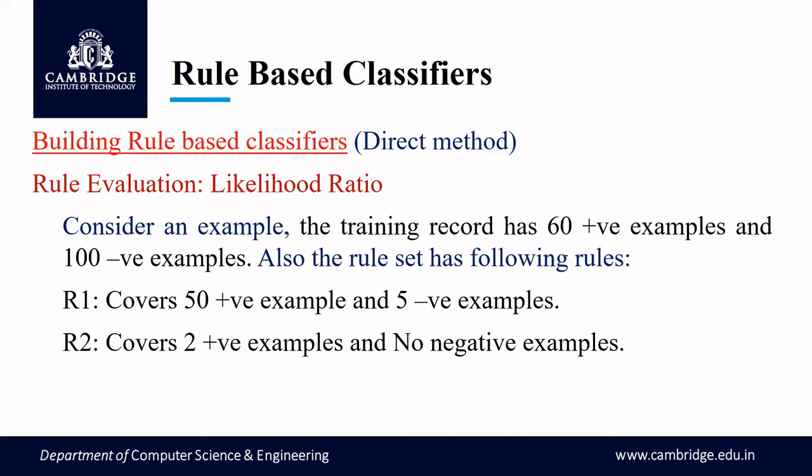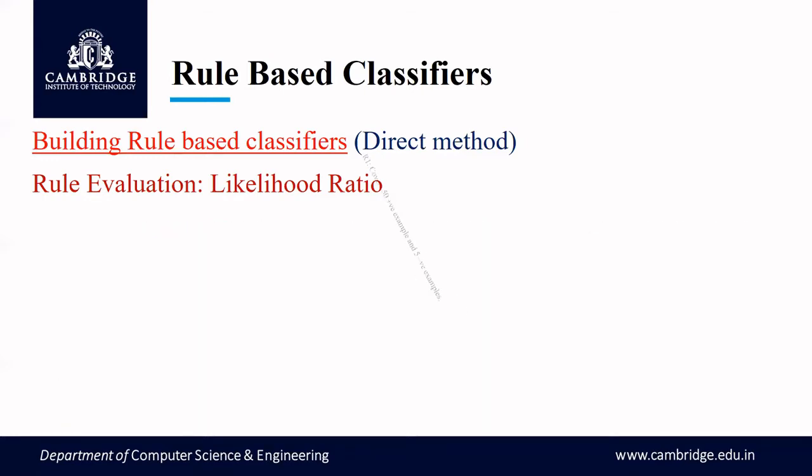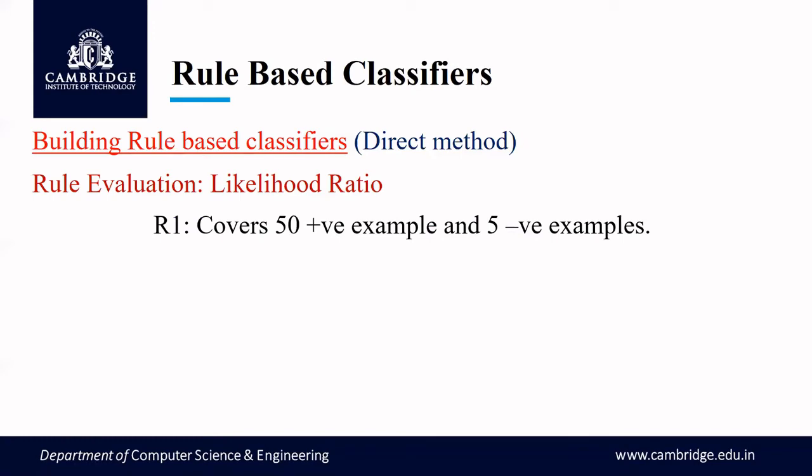Now I have to find which rule is better, R1 or R2. Let us consider rule 1 first, which covers 50 positive examples and 5 negative examples.